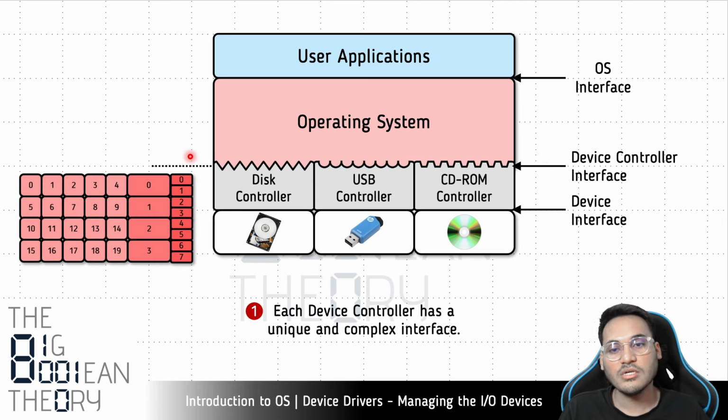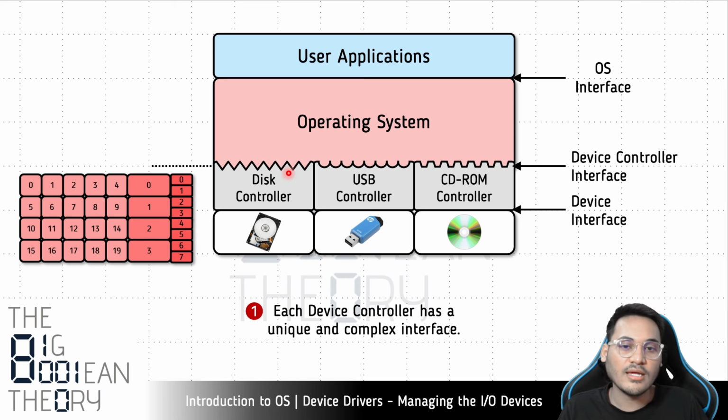So let us now see what is the challenge with using this device controller interface. As you can see here, no two device controllers have the same interface. All of the device controllers have a very unique interface. So why is this the case? As I already said, the device controller is a very specific electronic chip that has been designed to control the device that it is associated with.